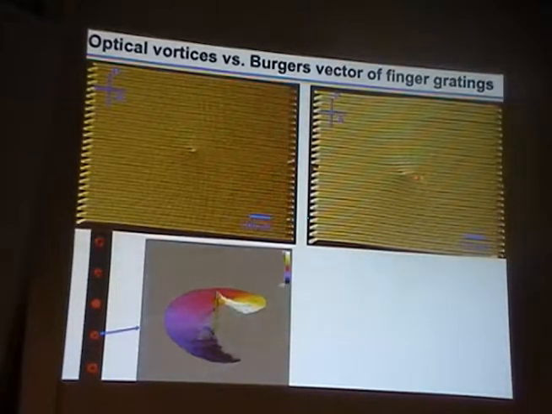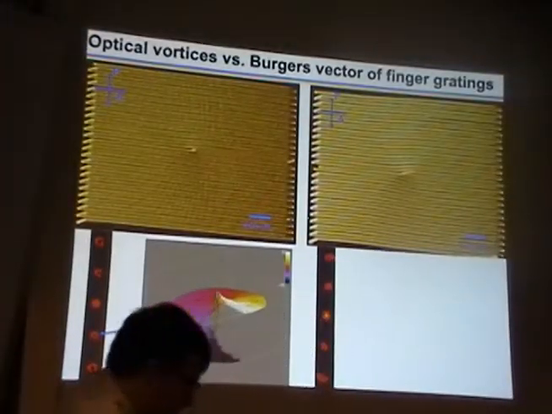If we then instead introduce an edge dislocation of larger Burgers vector, we can see that... no, the projector seems to be working.